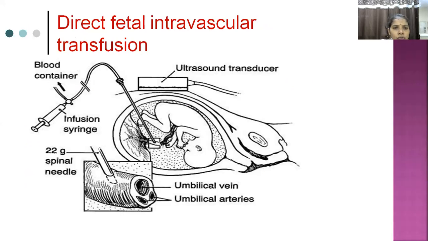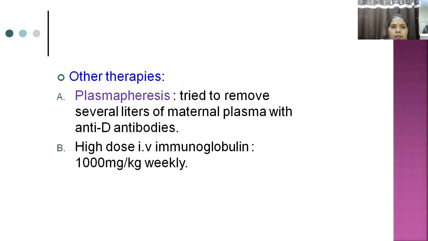Blood is transfused through the umbilical vein at the site of insertion into the umbilical cord, using a 22 gauge spinal needle. Other therapies: plasmapheresis, to try to remove high titers of maternal plasma antibodies. High dose IV immunoglobulins should be given weekly.